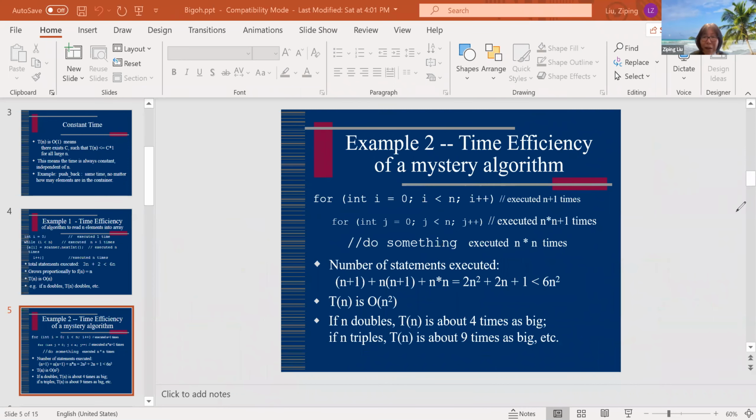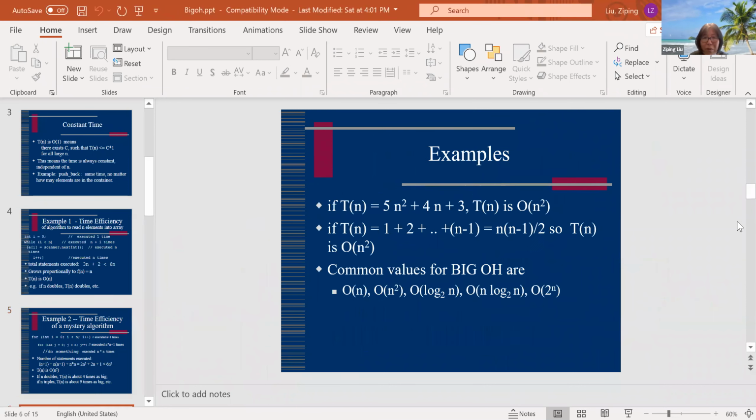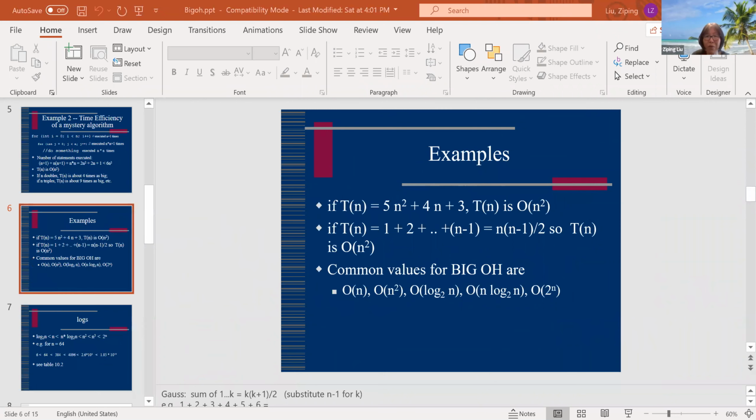So that's the second example. Next, here we just give some general examples. Polynomial: no matter what the coefficient is, it's all considered the same order, because what we care about is the trend, not the exact time.